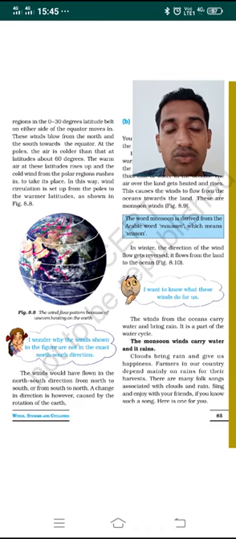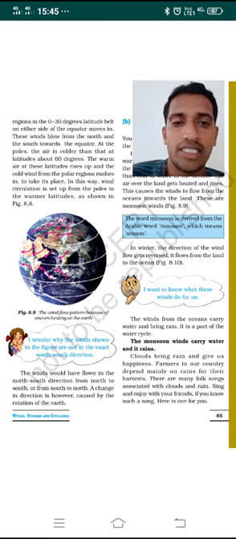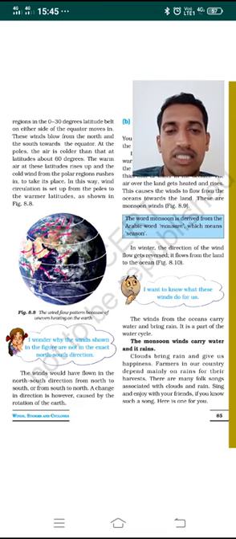Whatever cold air is present on either side of the equator, in the 0 to 30 degrees north and 0 to 30 degrees south latitude belts, starts moving towards the equator.